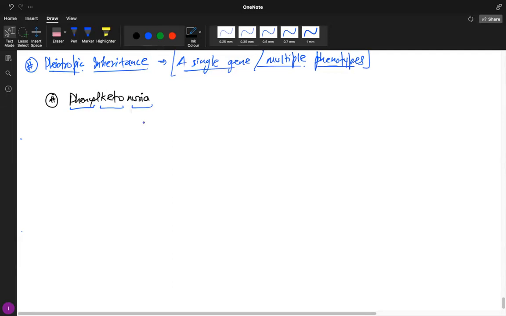Now, before we discuss phenylketonuria, which also we have to discuss as a disease, it is a genetic disorder, but we will spend some time here only so that both the parts are covered.